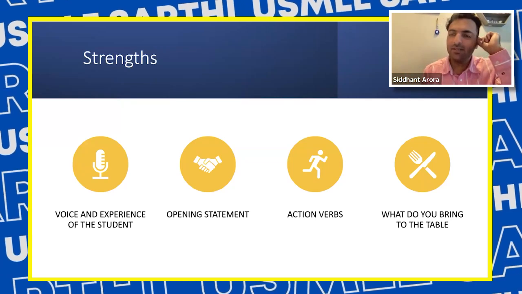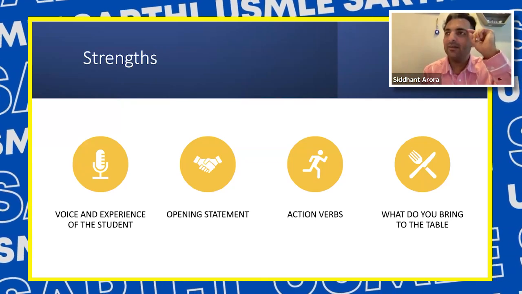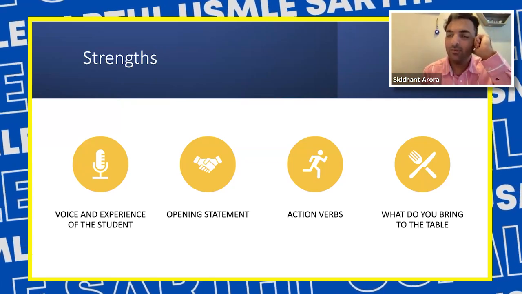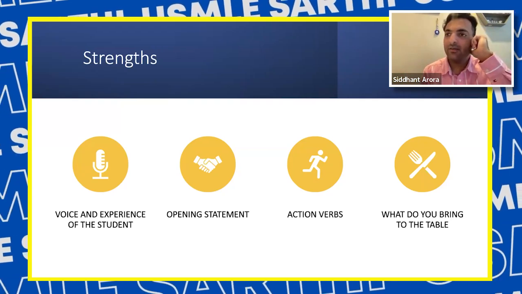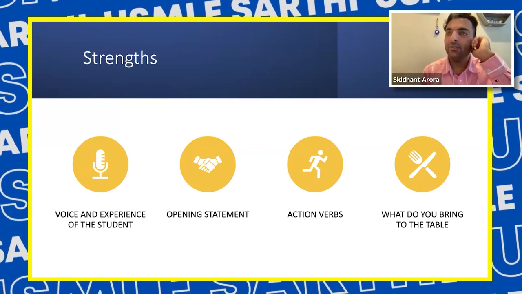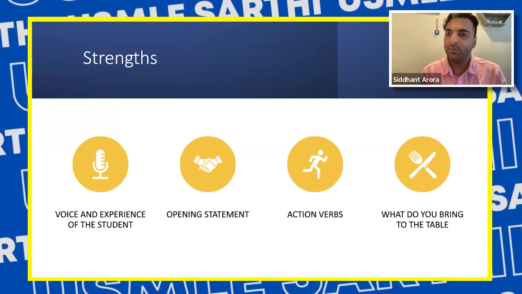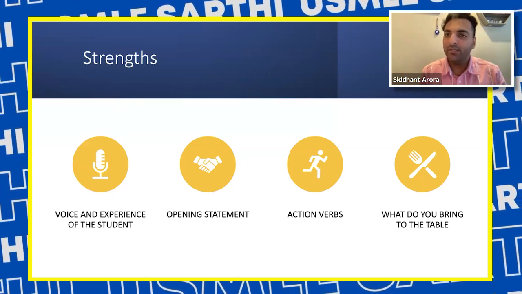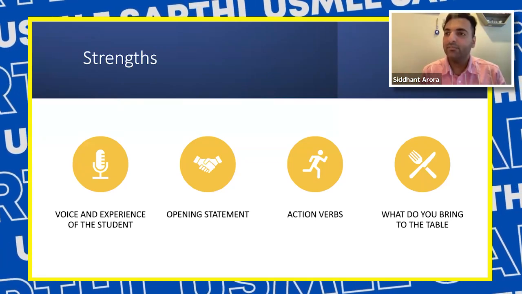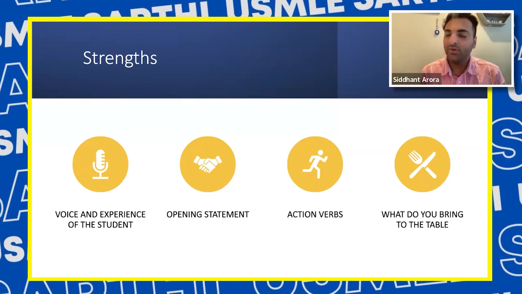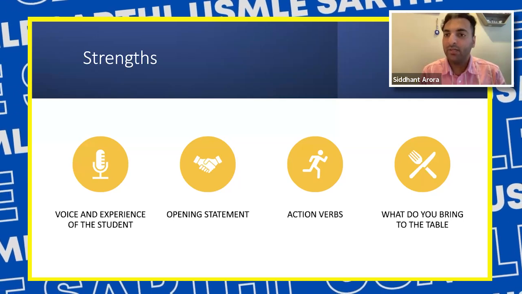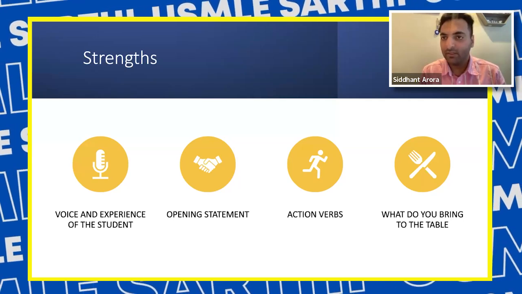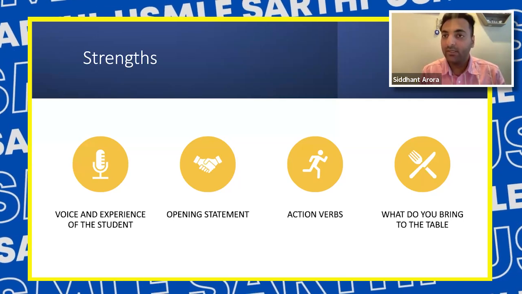Action words: this is something I would suggest to everybody. I have a slide where I'll tell you what the action words are afterwards. For example, you have so many publications, and when you're in medical school there are so many things going on. You've done rotations in the US, and you've worked in different hospitals.